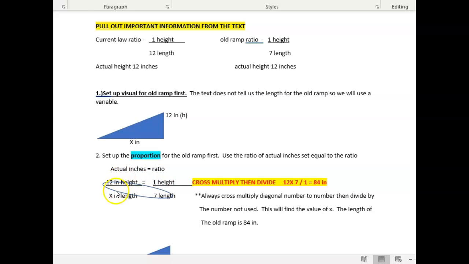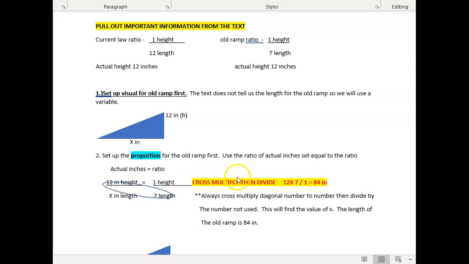But here I use the actual information and the ratio information on the right. So there's 12 actual inches in the height. Then we do not know the actual inches in length. We do know the ratio of height to length for the old ramp, which was right there in our text, was 1 to 7. So now I've created a proportion, and you know how it goes.